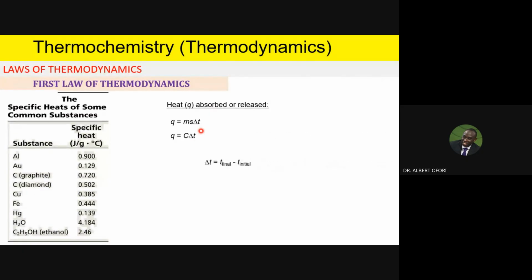The change in temperature is just the final temperature minus the initial temperature. So it's equal to C times that.